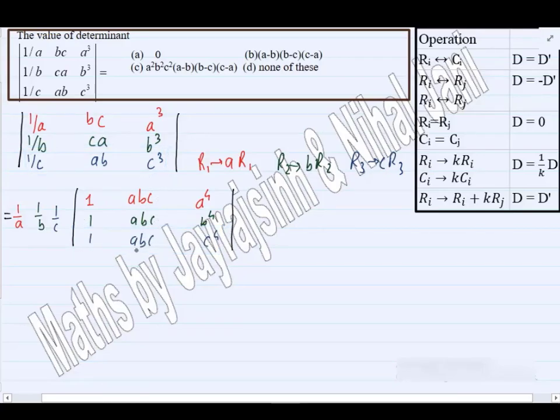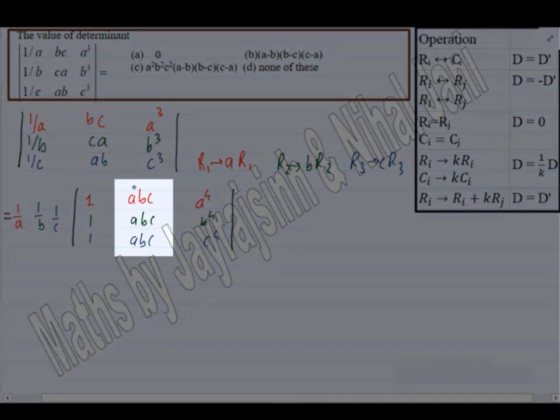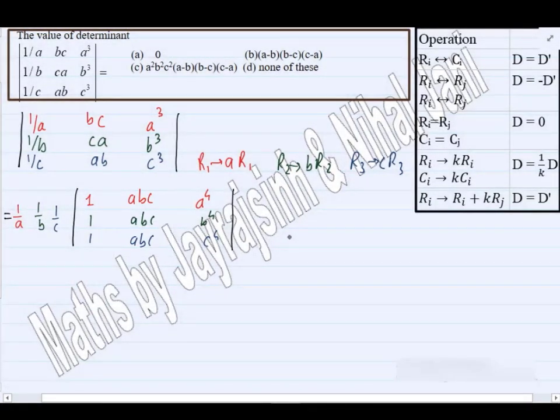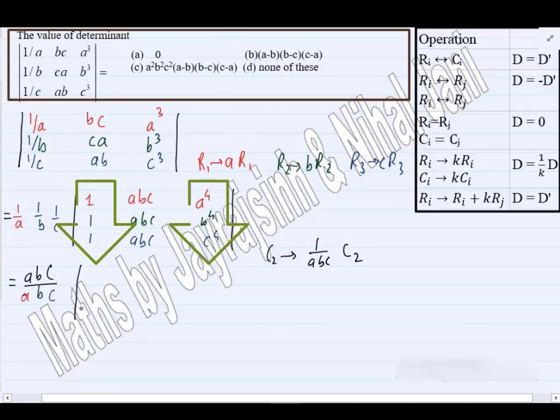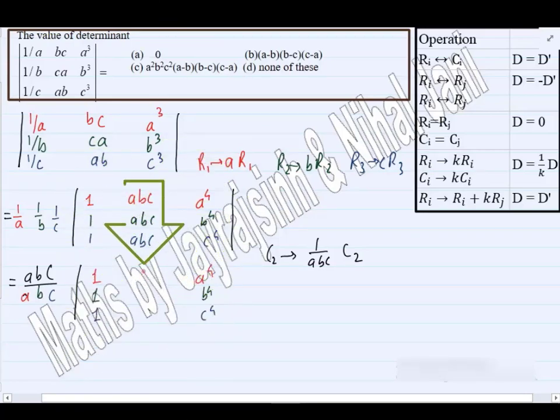Now as you can see, we can take abc common from the second column. So let's apply C2 gives 1 upon abc C2. So if we are dividing second column with abc, you have to multiply abc. So a and c will cancel out, and first and third row will be as it is, and your second column will be 1, 1 and 1, right?